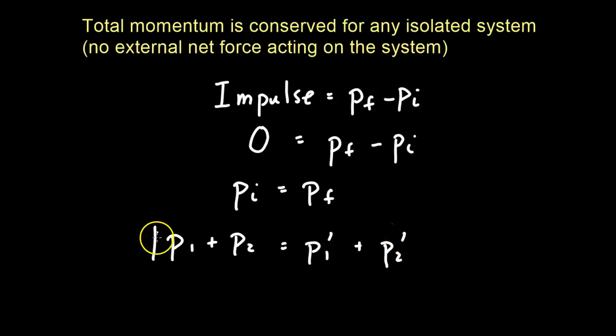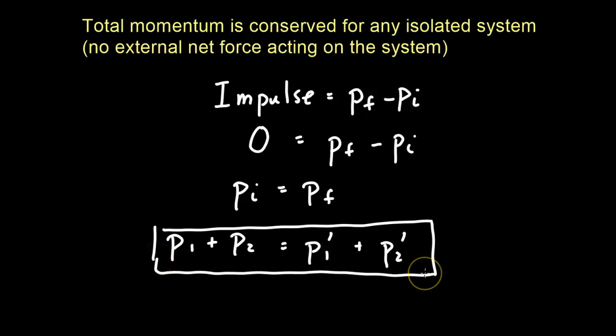So this here is called the conservation of momentum, and it's super helpful if you can set up your system such that there are no external net forces, and we call this type of system an isolated system.